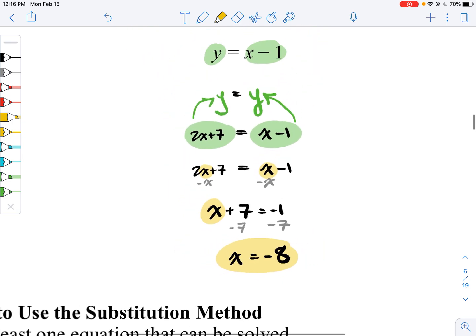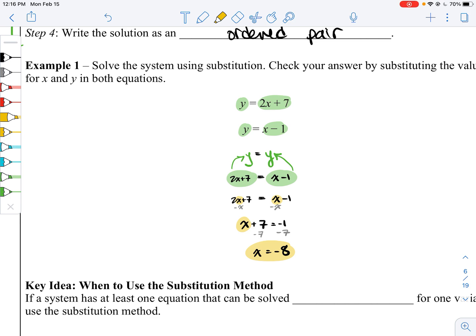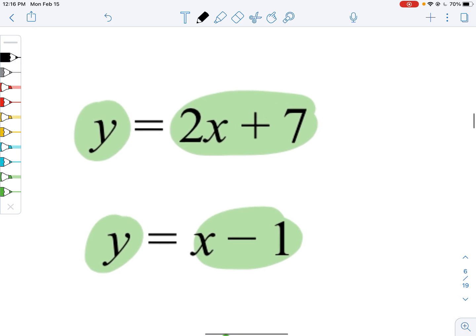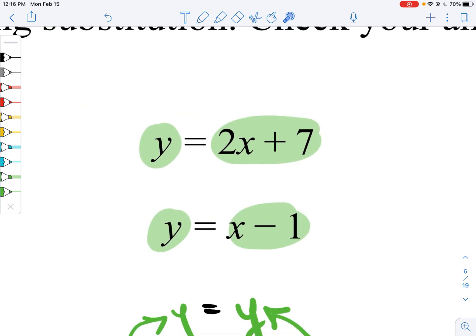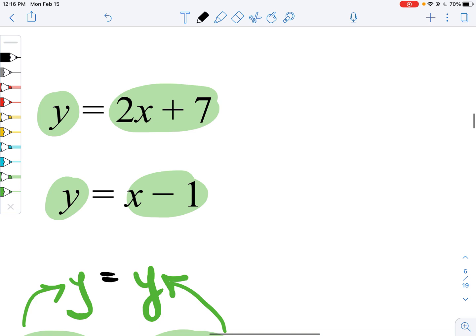But we're only halfway done, because in our solution we need an x value, and we also need a y value. Once we know that x equals negative 8, how are we going to figure out what y is? Fortunately for us, we have not one but two equations that tell us how to find y, as long as we know x. Always go with the simplest one.